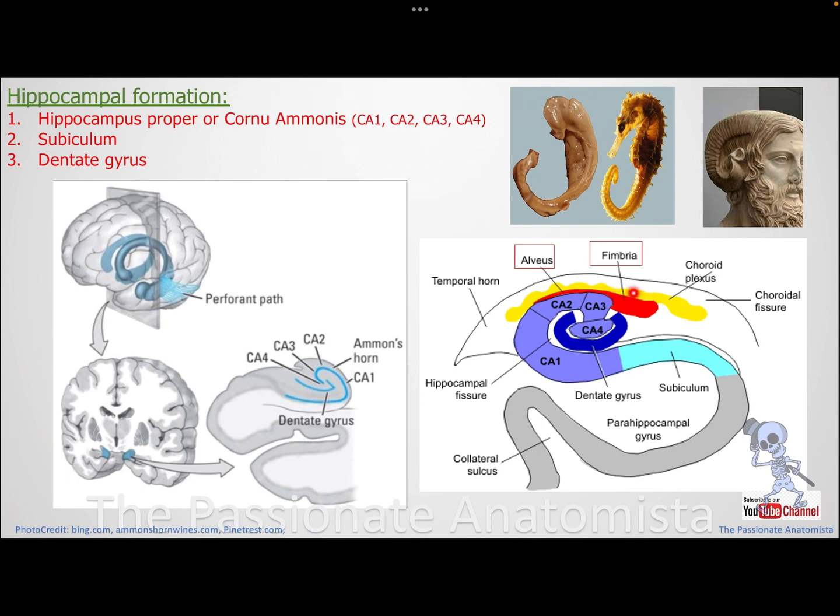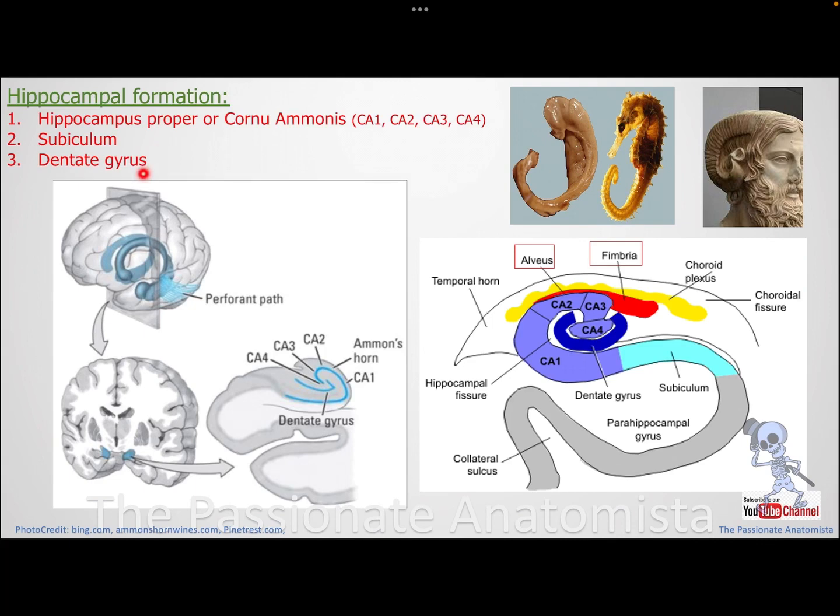From here, the fimbria, which means the border in Latin, is the border that collects all these axons together and combines them to form the fornix. So remember that the alveus and the fimbria start here, where we have the axons coming out of the hippocampus itself. Remember where we stopped here, because that will be the start of the fornix itself.